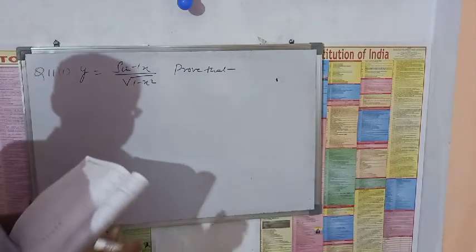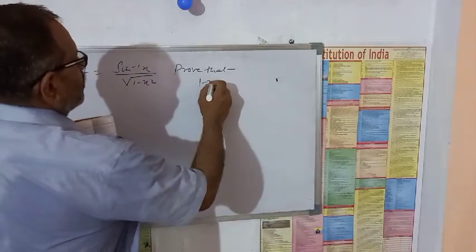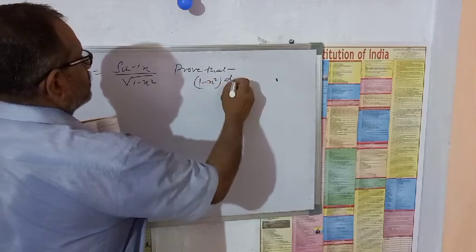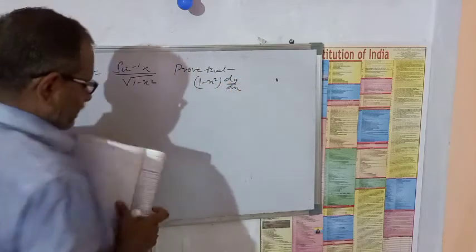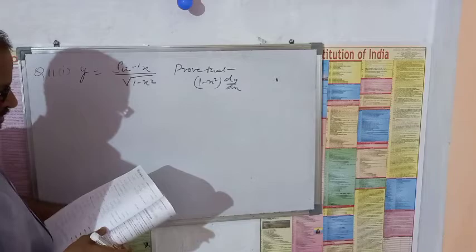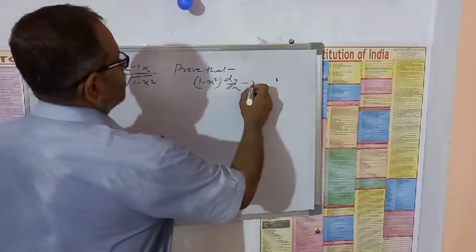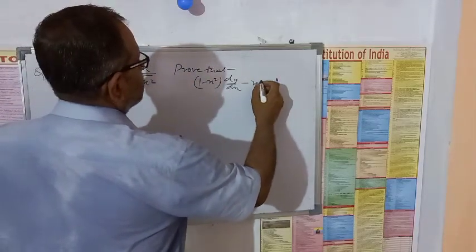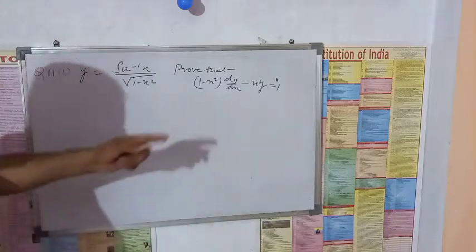And we have to prove that 1 minus x square dy by dx minus xy is equal to 1. We have to prove it.